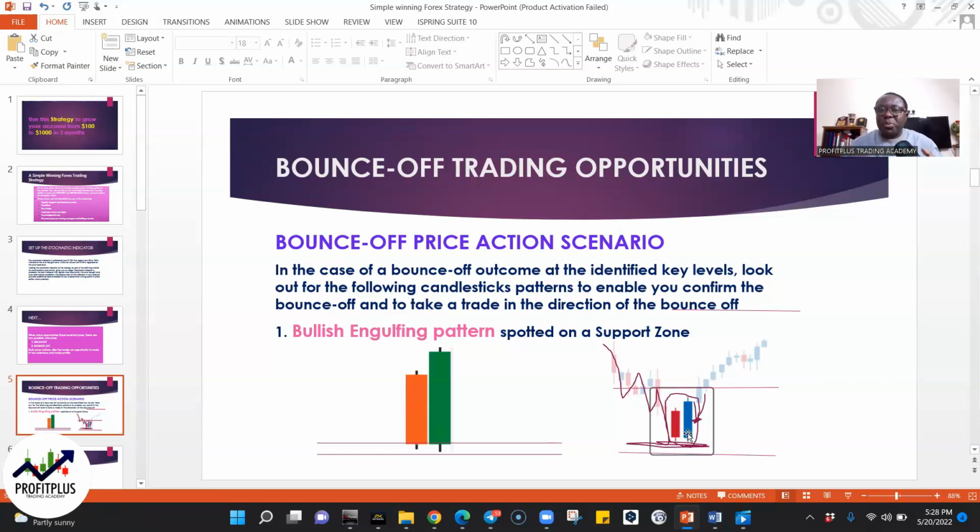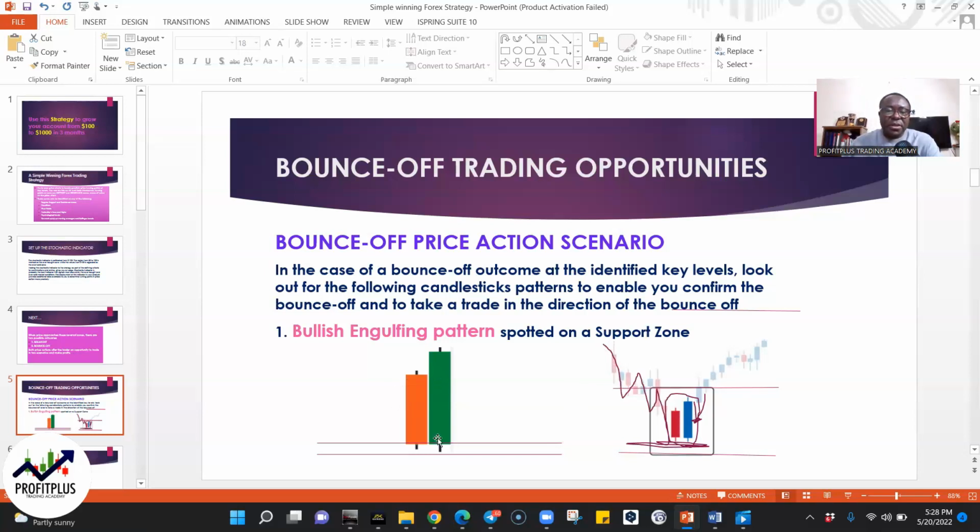You identified the support zone, and the stochastics value is between 0 and 20. So it's showing that the market has been fully oversold, so it's getting ready to bounce off. So when you see these candlesticks from there, this is a confirmation that that turning point is valid. So we begin to take a trade.